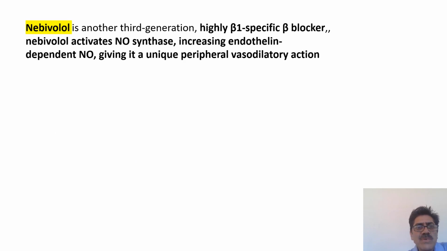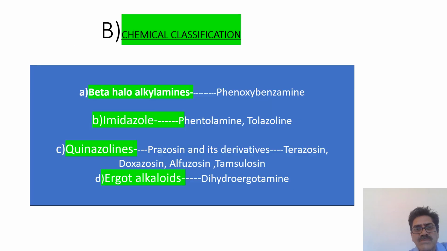Then we have nebivolol, which is a highly cardioselective third generation, highly beta 1 specific beta blocker. The beauty with nebivolol is it activates nitric oxide synthesis, increases endothelium dependent nitric oxide and causes predominantly vasodilatory action.